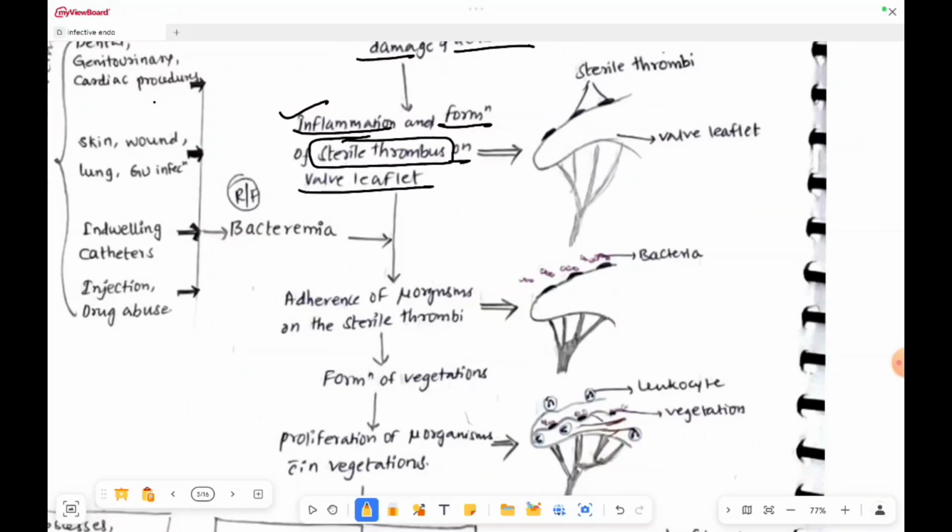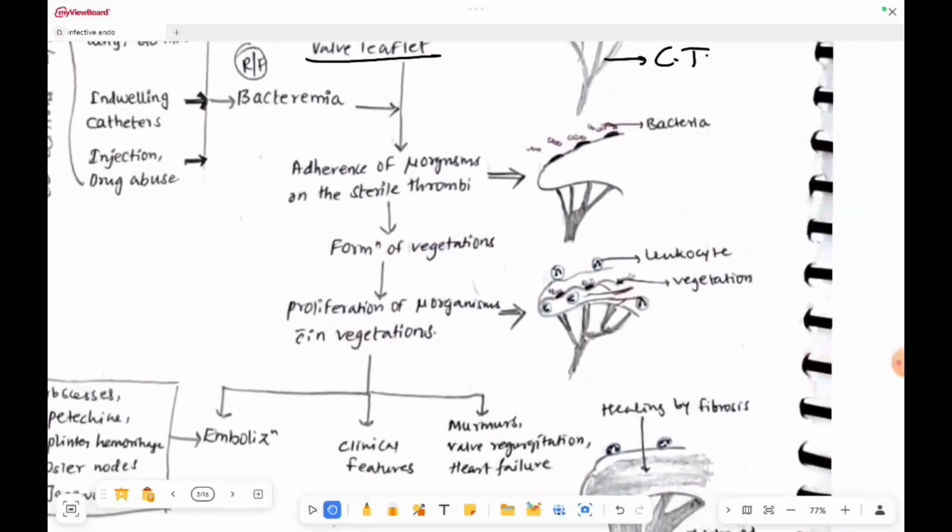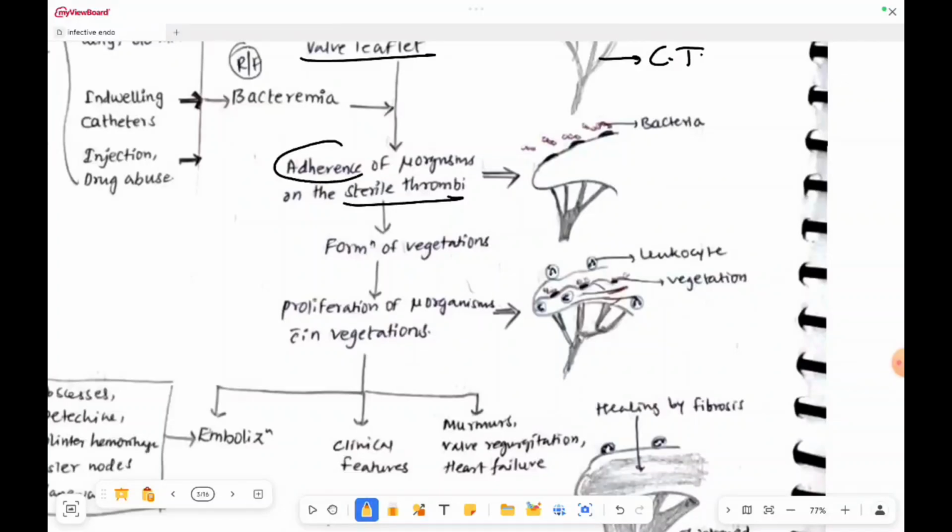In this, you see here, this is the valve leaflet. These are chorda tendinae. There is formation of sterile thrombi on the valve leaflet, and microorganisms in the bloodstream will adhere to these sterile thrombi. They will proliferate and form vegetations.